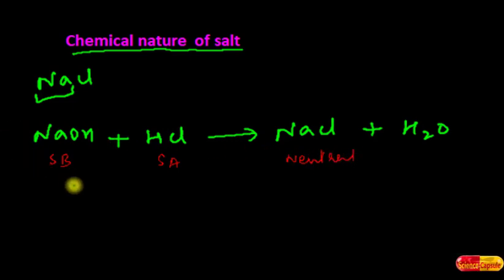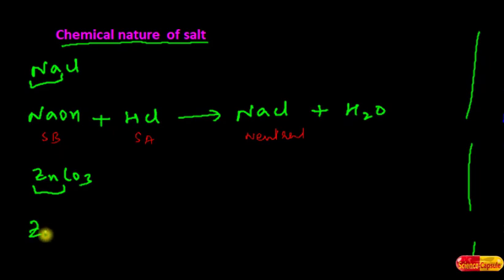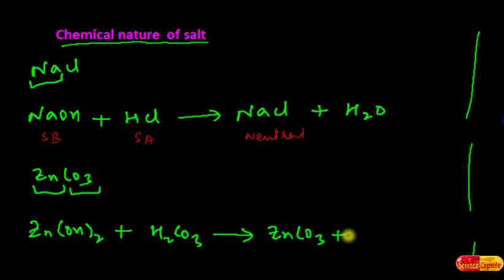Now take another example. Second one is zinc carbonate. Here by adding hydroxide we will be getting zinc hydroxide, plus carbonic acid, H2CO3, right? So here we will be getting zinc carbonate plus water. In all the cases we know that whenever a base reacts with an acid we will get salt and water.